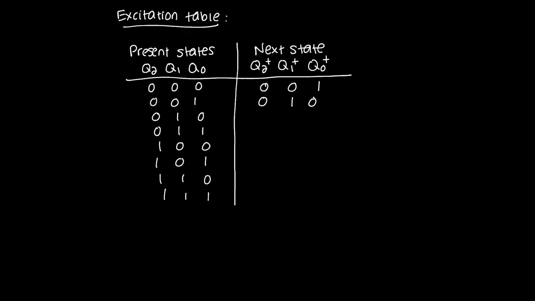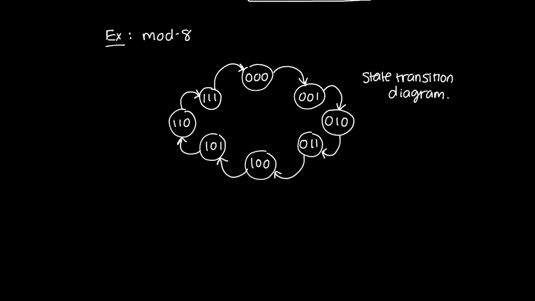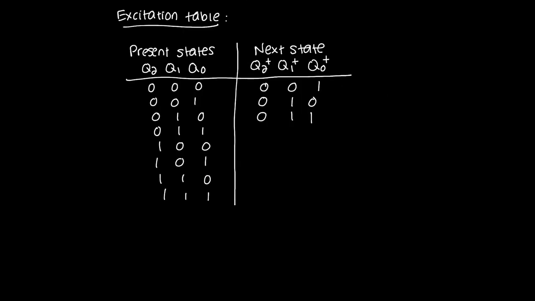So let's write that out. And if my present state is 3, then my next state should be 4. That's what this line says: if my present state is 3, my next state should be 4.